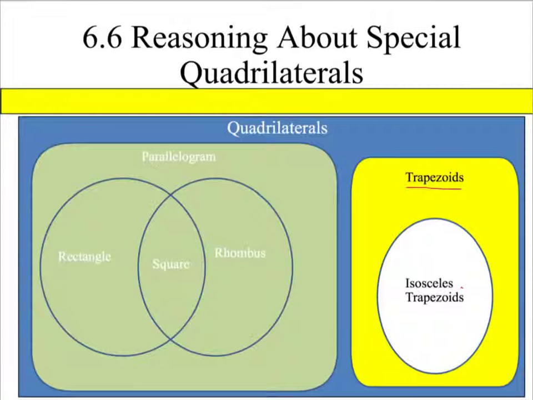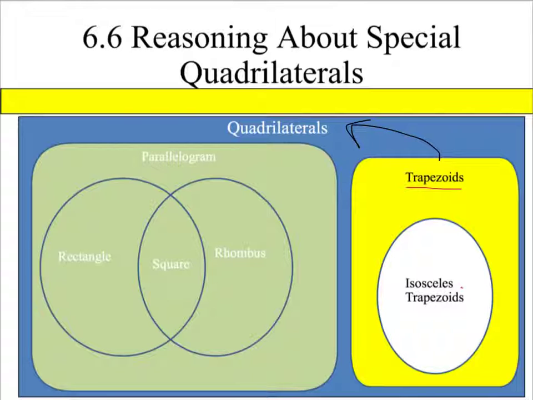Remember the definition of an isosceles trapezoid: you have two sides that are parallel, and two legs that are congruent to each other. So isosceles trapezoids are trapezoids, but not all trapezoids are isosceles, and all trapezoids are quadrilaterals because they are four-sided figures.